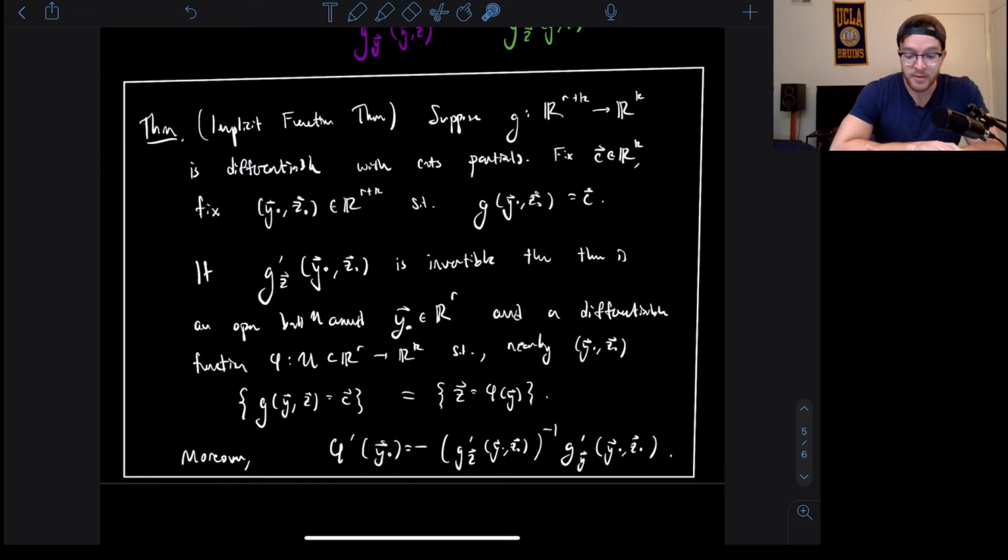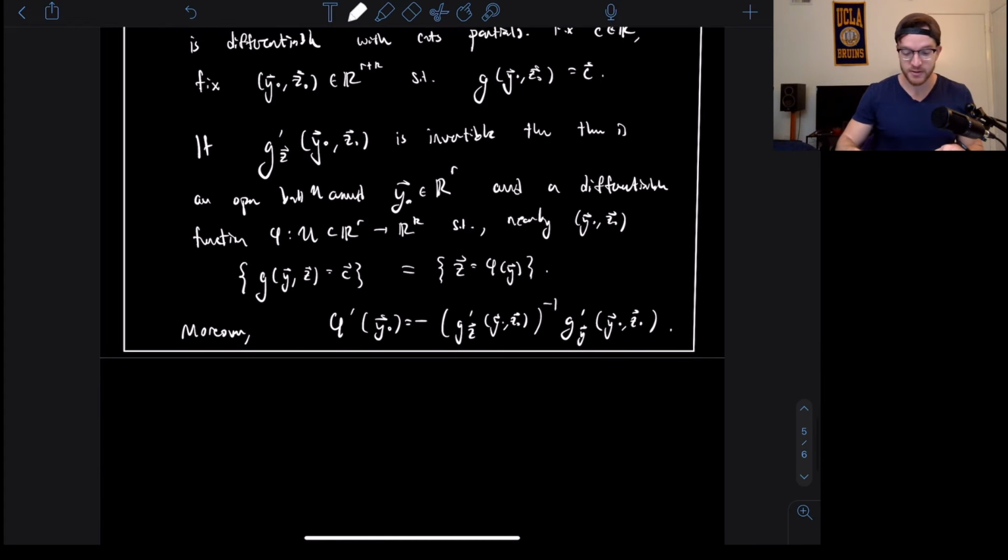So the implicit function theorem tells us that if this matrix is invertible, it is theoretically possible to solve for z as a function of y. But it doesn't tell you how to do the algebra to solve for z in terms of y. It just tells you that it's possible.